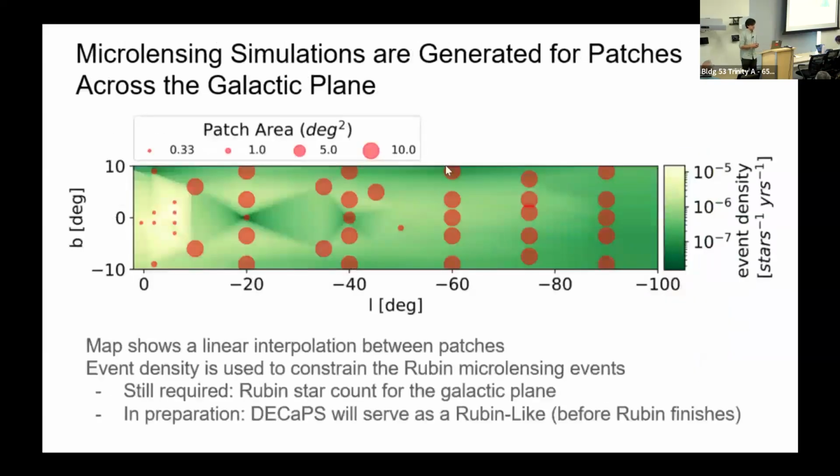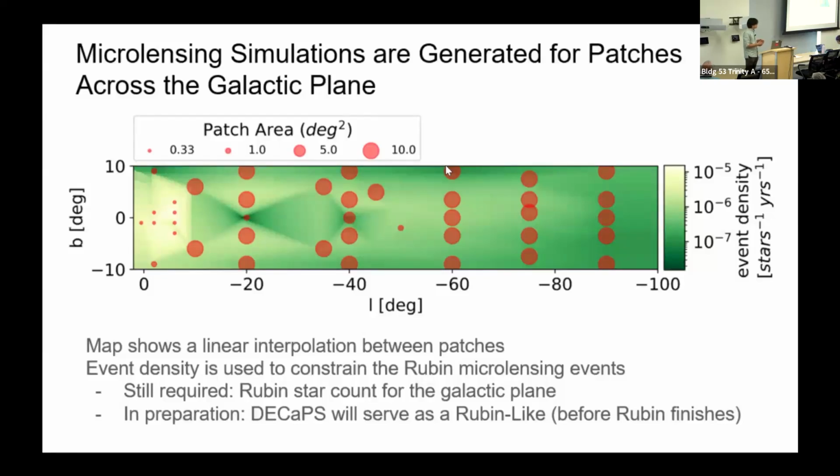Okay, so the microlensing simulations are finished up until the LightCurveLinks step. Here's a map of what the microlensing simulations are made for. So each of the red patches is a different Popsicle simulation where we've generated microlensing events for that specific patch.